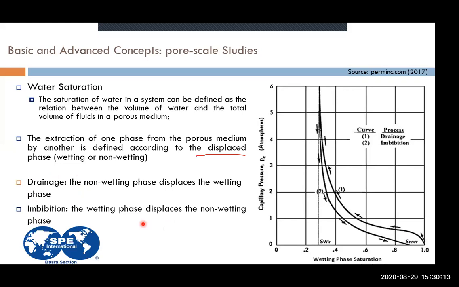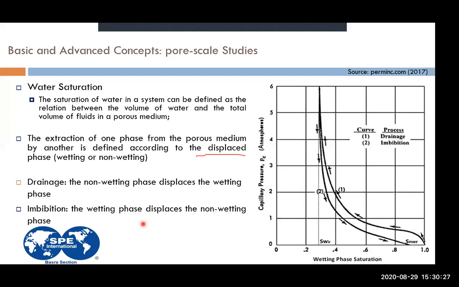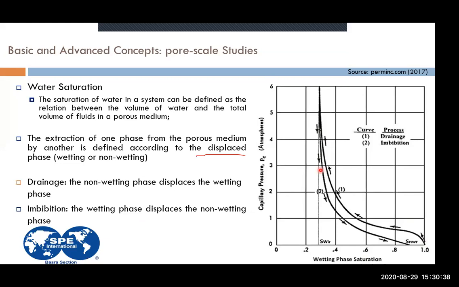If you do the opposite, in the complementary way, you have the wetting phase being injected and displacing the non-wetting phase, you have this imbibition. So here, just to show you, the first curve is the drainage process, and this one here is the imbibition process. And then I'll show you in the next slide.